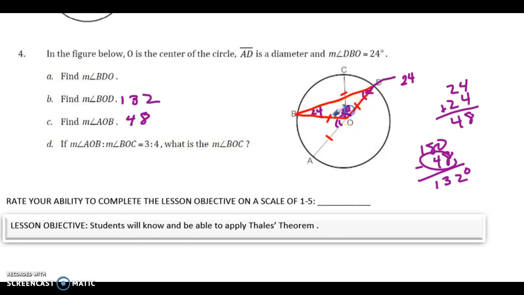BOC is here. So AOB to BOC is 3 to 4, so I'm going to set up a proportion. 3 is to 4 as, we already know the measure of AOB, so 48 is to x. You're going to cross multiply and solve for x, and that will be the measure of BOC.